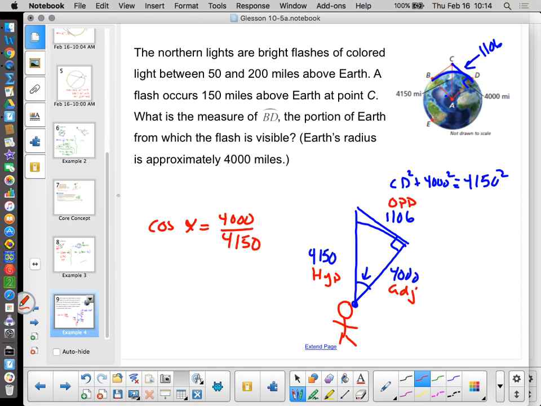And if you recall, when the angle is unknown, we use the inverse function. Then we can just put that in our calculator. Cosine inverse of 4,000 divided by 4,150 gives me 15.5 degrees.